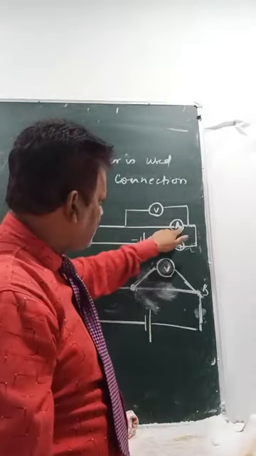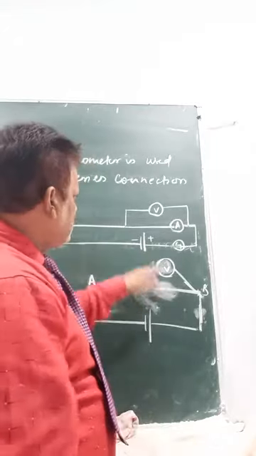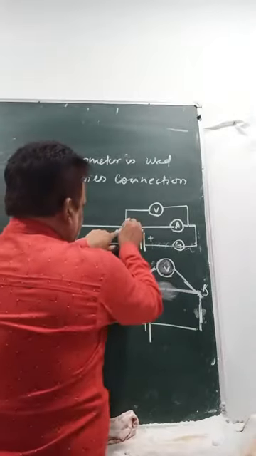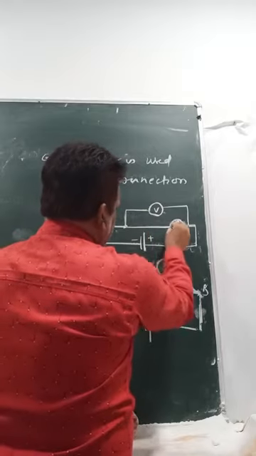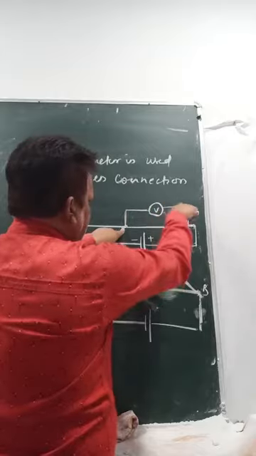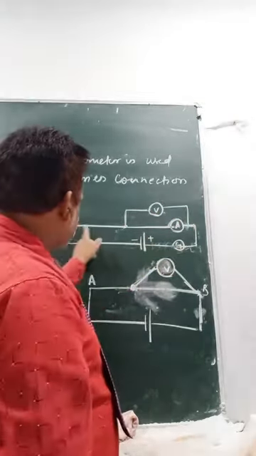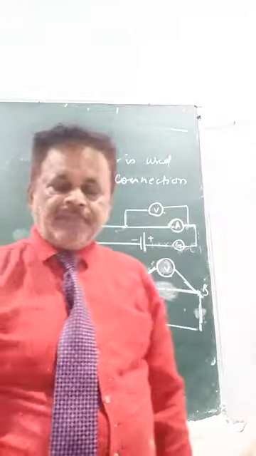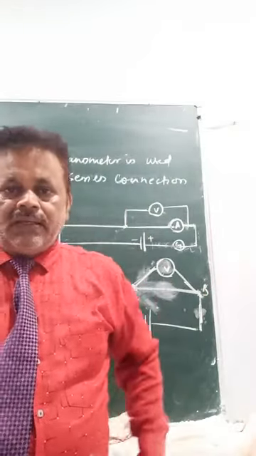The ammeter is on the same piece of wire. A short question will come, so you have to check whether the diagram is correct or not. If there is another piece of wire going from a junction, then the voltmeter has to be connected there. So the ammeter and galvanometer are in series because they are on the same piece of wire, and the voltmeter is in parallel. Okay. Next class we will study some other topic and also Ohm's law.